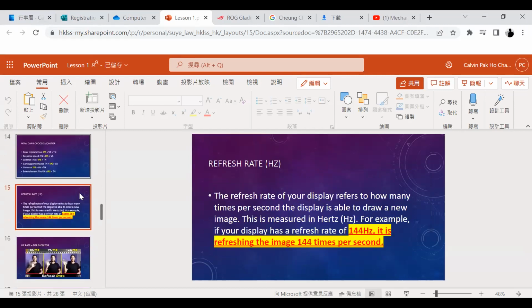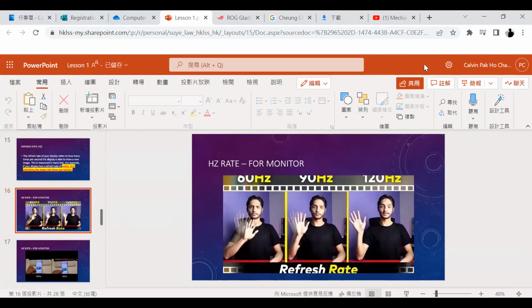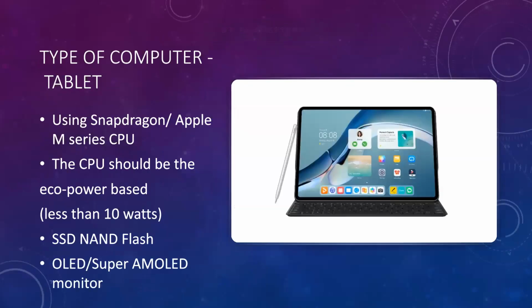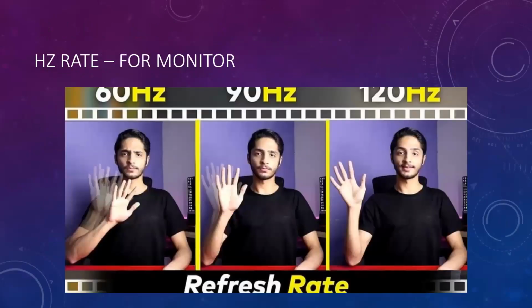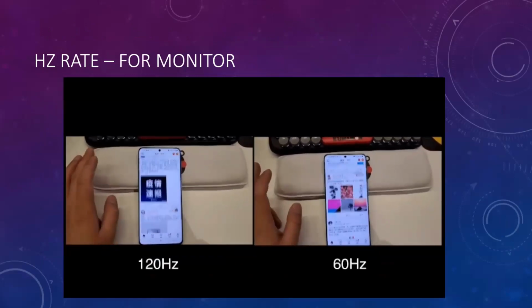Okay, so in today's lesson we talked about the monitor. Yeah, I forgot to mention that the high refresh rate monitor, like in this picture, is for your desktop usage.